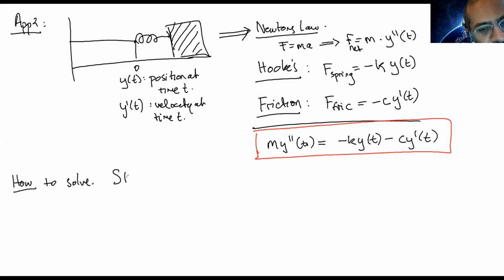So start with the simplest case. So what is the simplest case? Well, the simplest case is a homogeneous first order linear ODE.